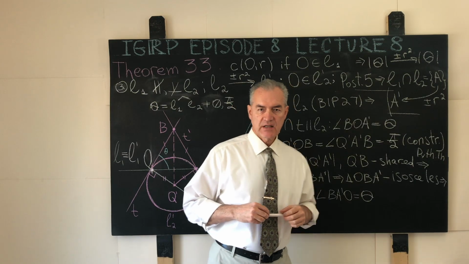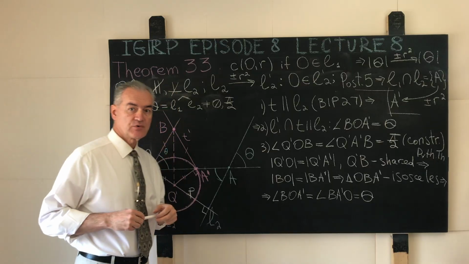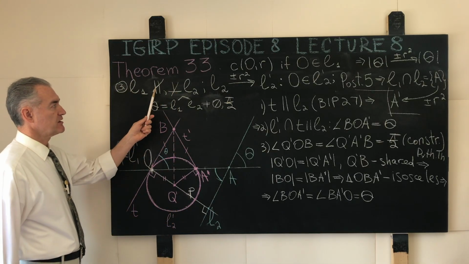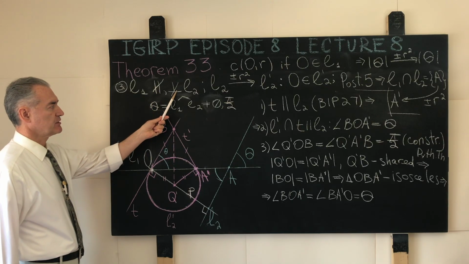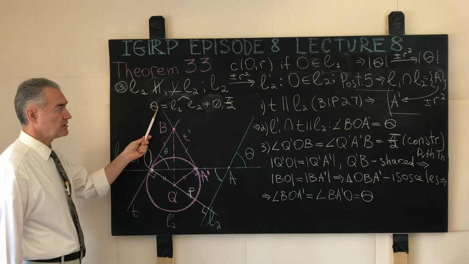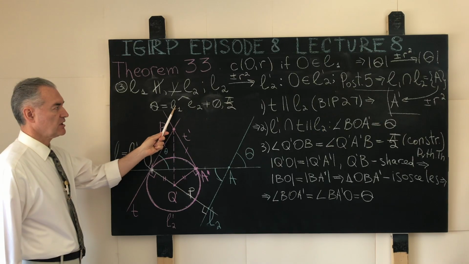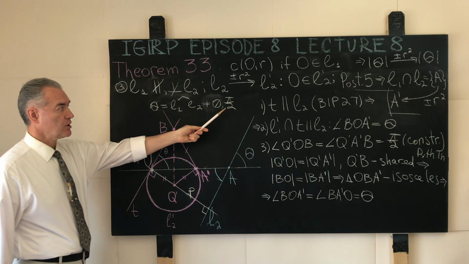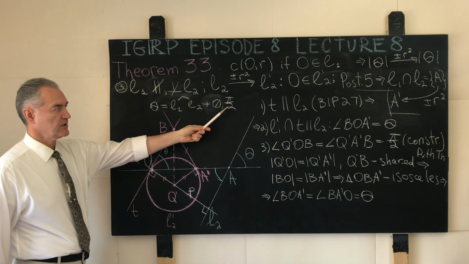In the third and the final case of this theorem, we assume that the straight lines L1 and L2 are neither parallel nor perpendicular. It means that the angle theta between these two straight lines is neither 0 nor pi over 2 radians.